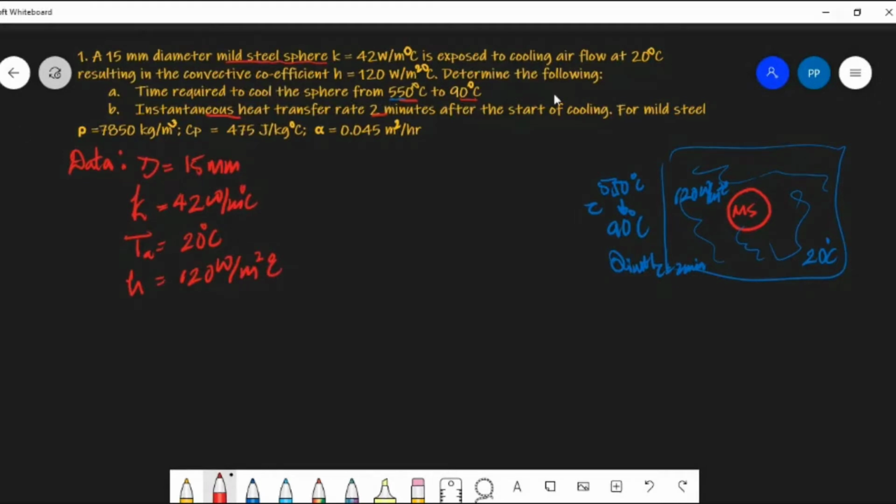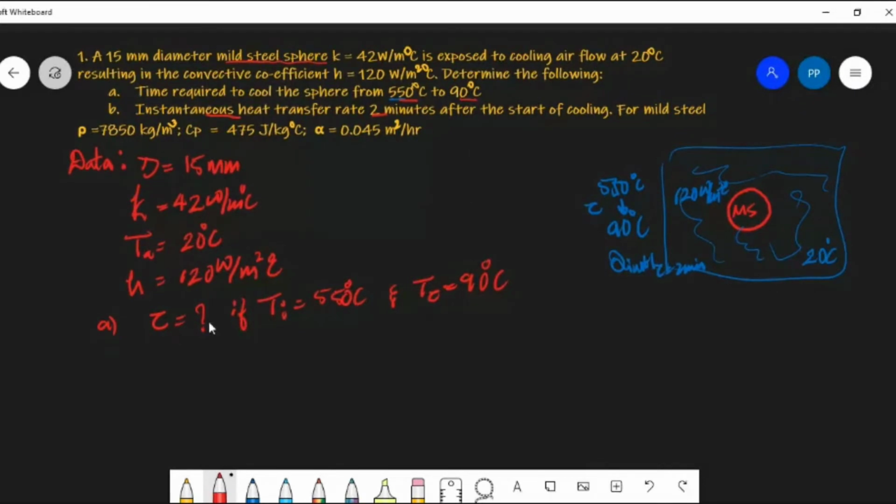And now we need to calculate two things. A, tau, that is time, has to be calculated if the initial temperature of the sphere is 550 degrees Celsius and T tau, that is the temperature at which we need to calculate the time, is 90 degrees Celsius.